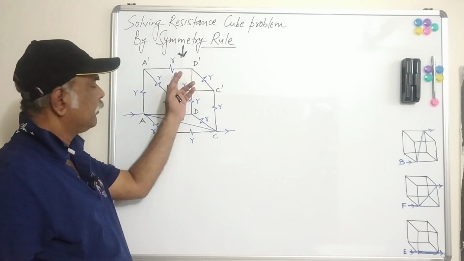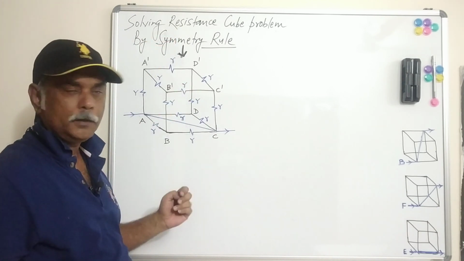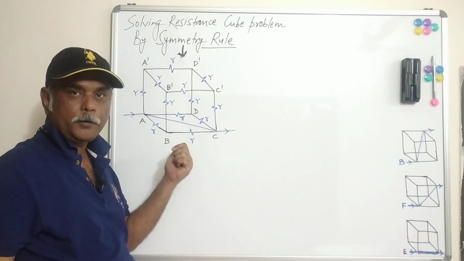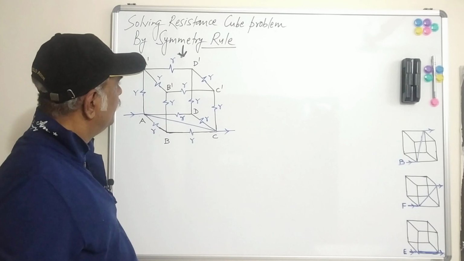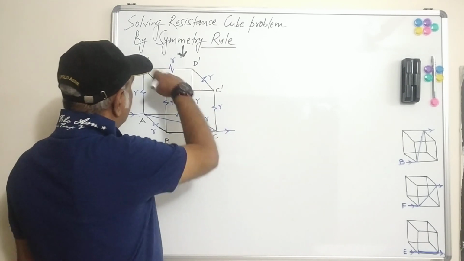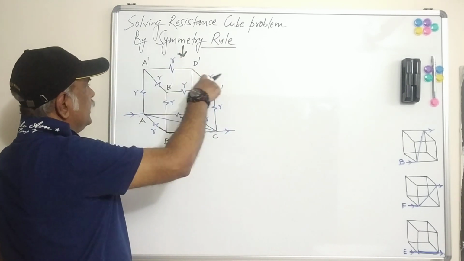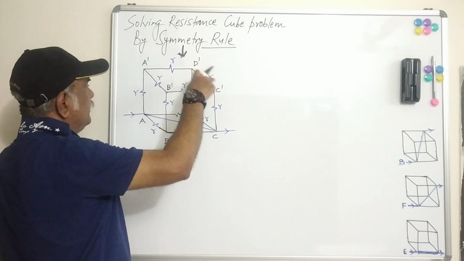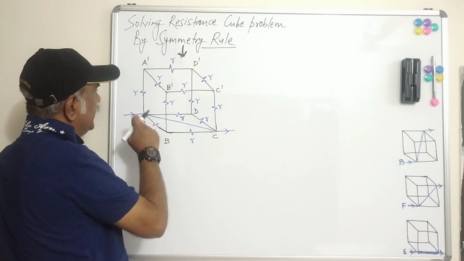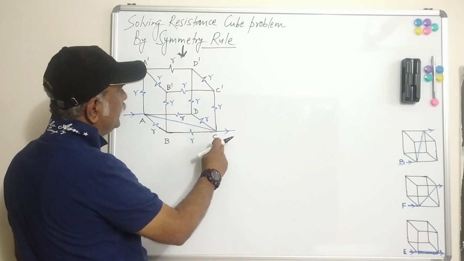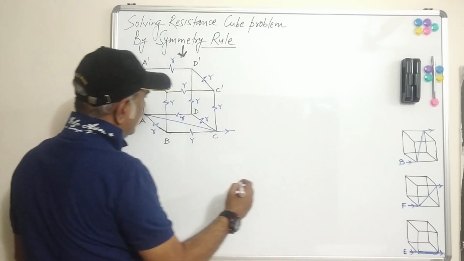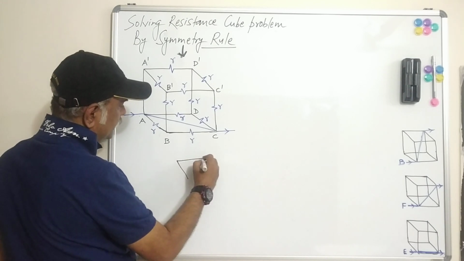To draw a top view of such a simple network, you need not study engineering drawing and all, isn't it? You can have a look and draw the top view. If you draw the top view, you will be seeing only these four edges, because this node will be hidden, this node will be hidden, this node will be hidden, this node will be hidden. So you will end up drawing something like this only, isn't it?